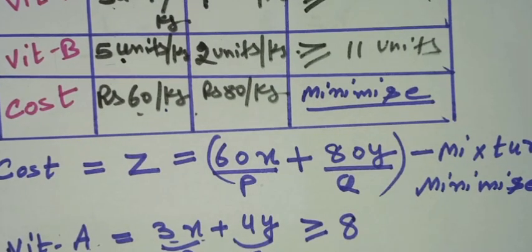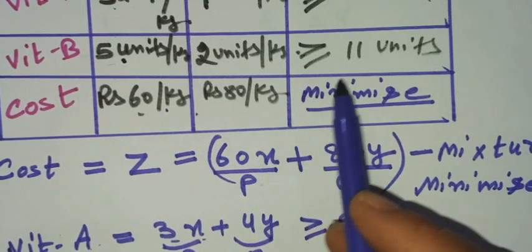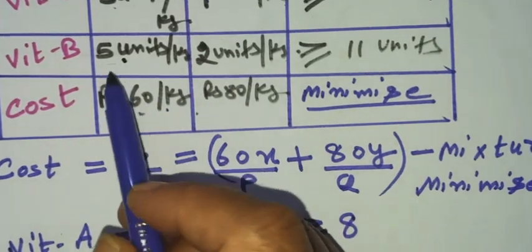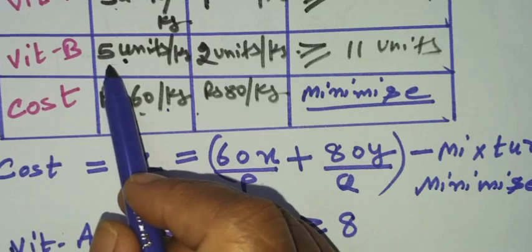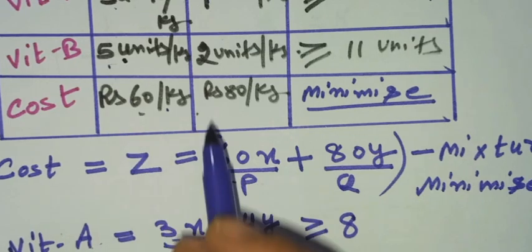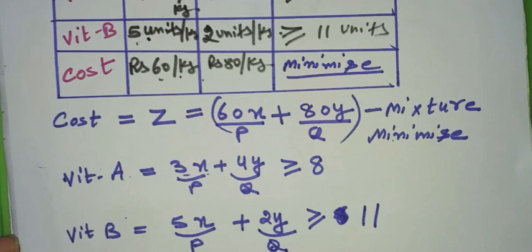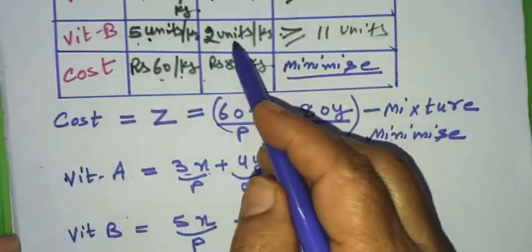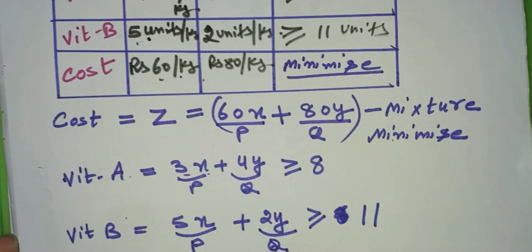Similarly, let us try to find a restriction on vitamin B content. So, x kilograms of food P will contain 5x. So, now the total vitamin B content in the mixture is 5x from food P and 2y from food Q. But this vitamin B content has to be at least 11 units. So, this has to be greater than or equal to 11.